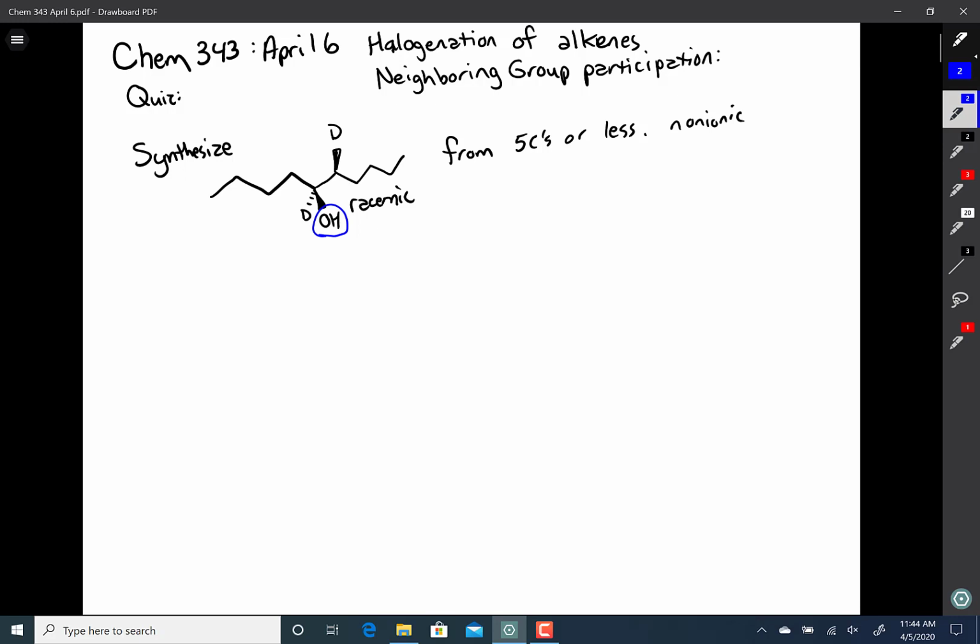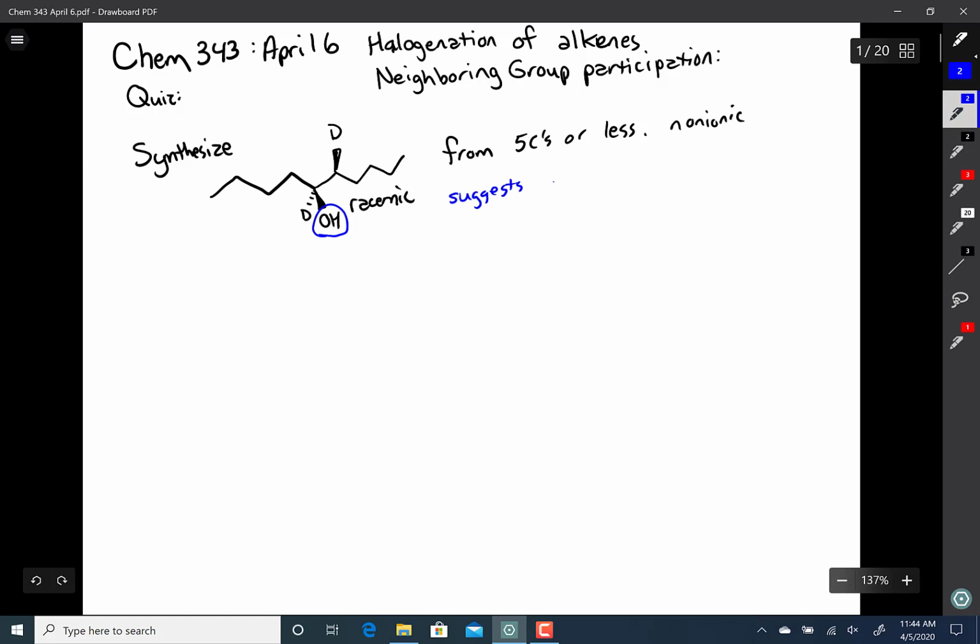And also, if you notice, around this alcohol, we have stereochemistry on the two adjacent carbons. When you have the stereochemistry on the two adjacent carbons, that suggests one of two things.